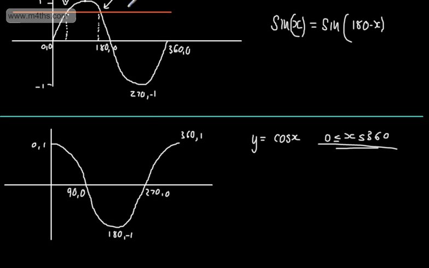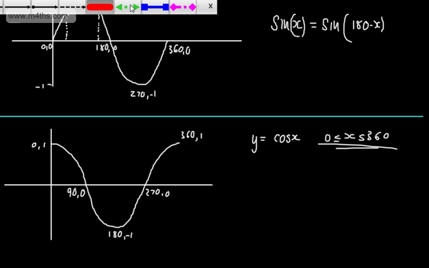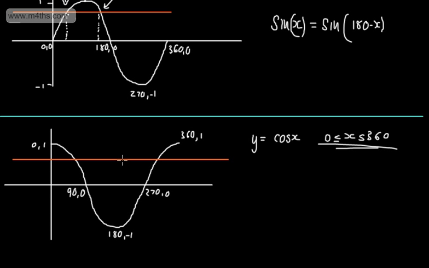If we now look at the cos curve, let's just go ahead and draw a line on here. If I put a line across, we can see that if I have a value x degrees in, it will be the same value if we have x degrees back from 360. So for example, and this is a nice one to look at, the cosine of 60 degrees is going to give us 1/2.